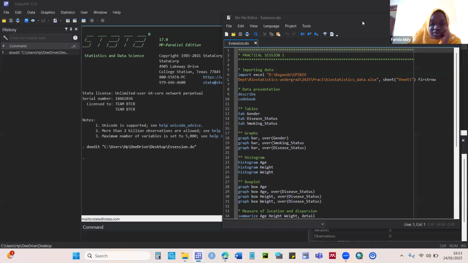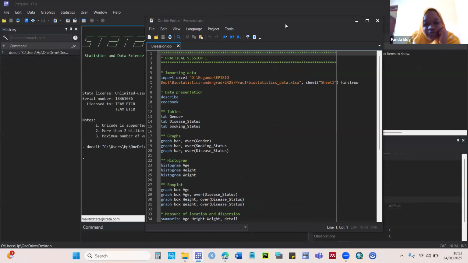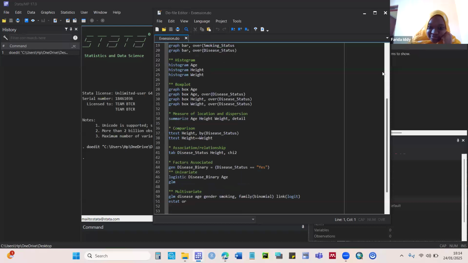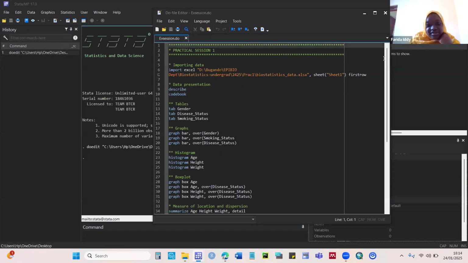Okay, so I hope everyone knows how to open the do file and write the command. So I'll just go directly. But today's session will be more of practical analyzing data through Stata, and I will share this do file together with the data set that I'm using so that we can all understand and all be at par.